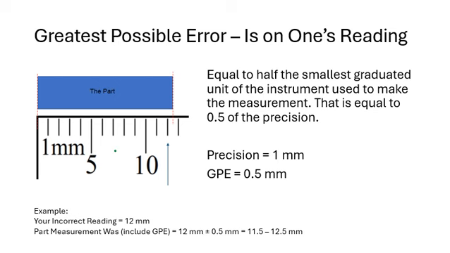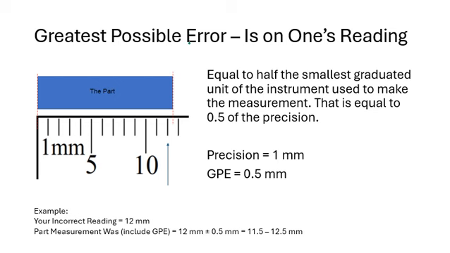So for example, you read it, and let's say you read it like 12 millimeter roughly, even though it's like 12.5. Of course sometimes you make a mistake and read it as 12 millimeter.